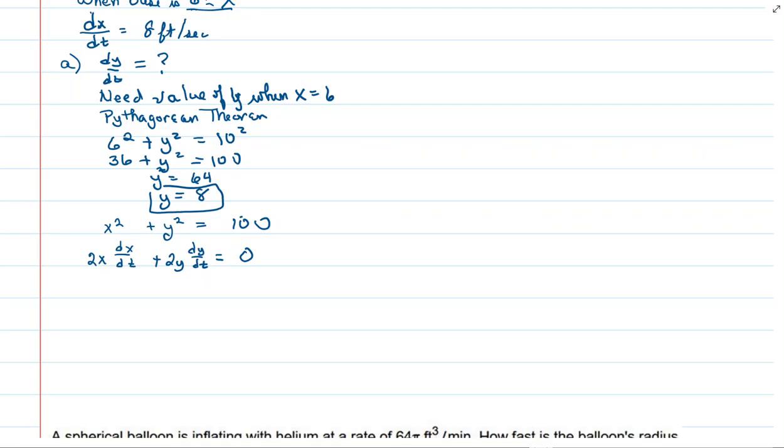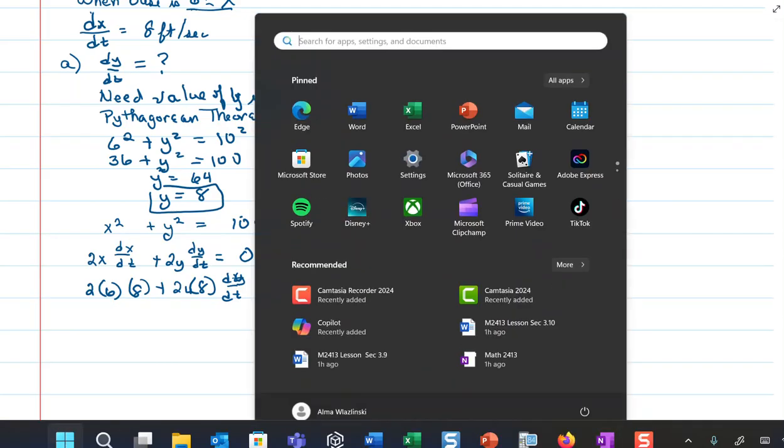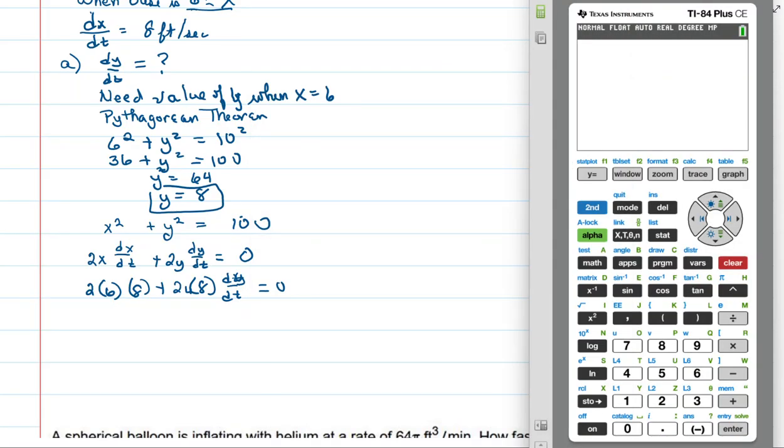Okay? All right. So I'm going to have 2 times my x was 6. My dx/dt was 8. My y is 8, and I don't know my dy/dt. All right, so I got this number right here. What is that, 96? Yep.